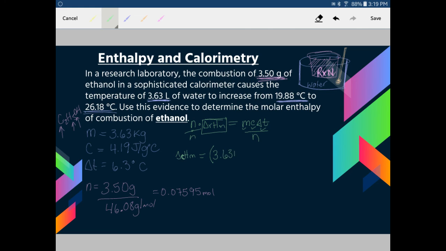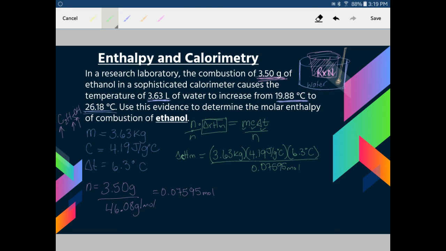my 3.63 kilograms, my 4.19 joules per gram degrees Celsius, my change in temperature, all divided by my 0.07595 moles.